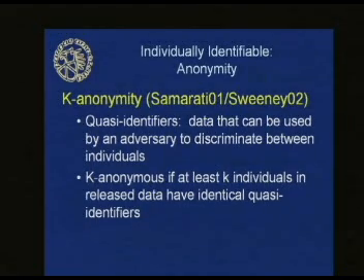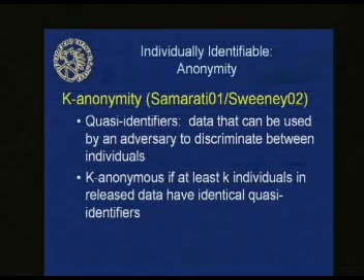An adversary may know this information about an individual and can use that to discriminate between individuals. A k-anonymous data set is one where, in the release data, if there is any individual in the release data, there are at least k total individuals with exactly the same information in those quasi-identifiers.